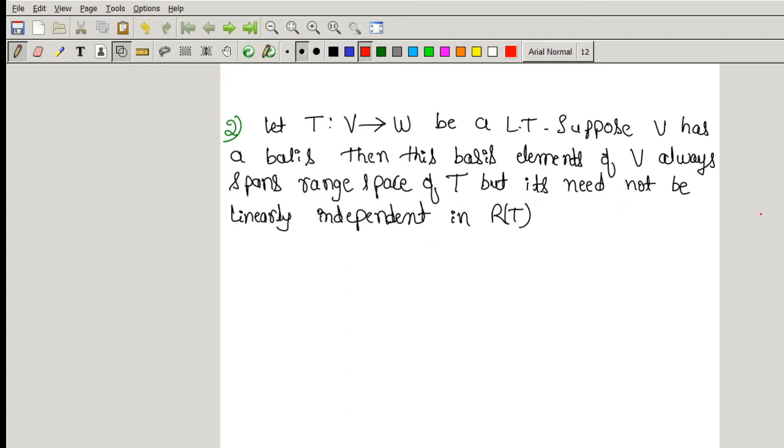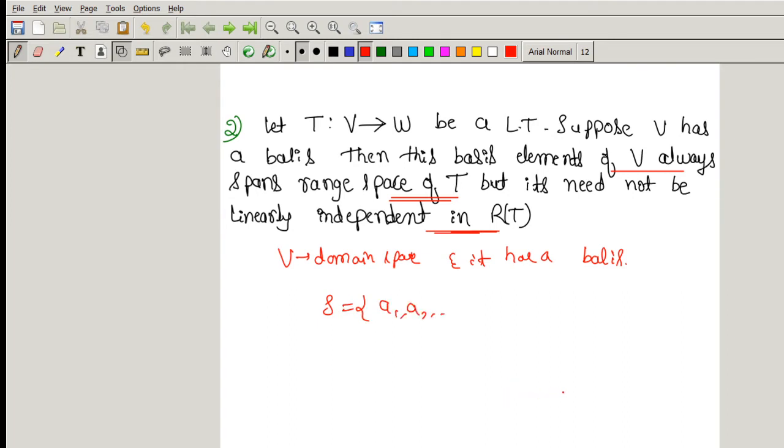Then the basis elements of the domain space always span the range space of T, but this set need not be linearly independent in R of T. Suppose V is the domain space and it has a basis, call it S equal to a1, a2, so on up to an. These are the basis elements of this vector space.